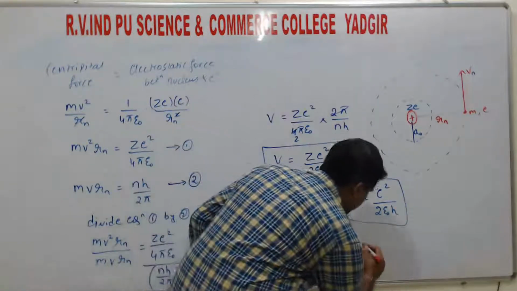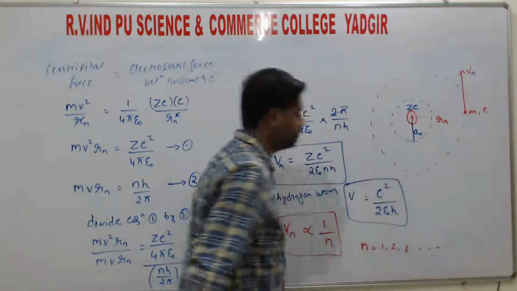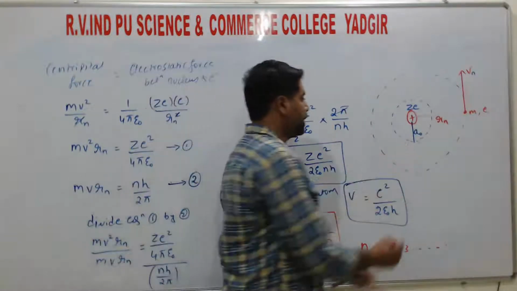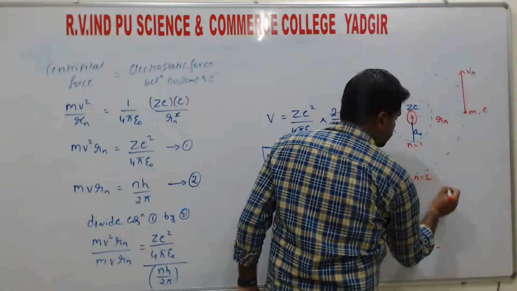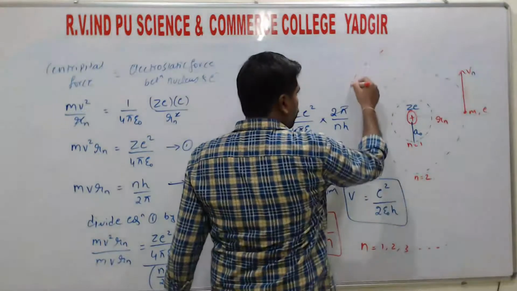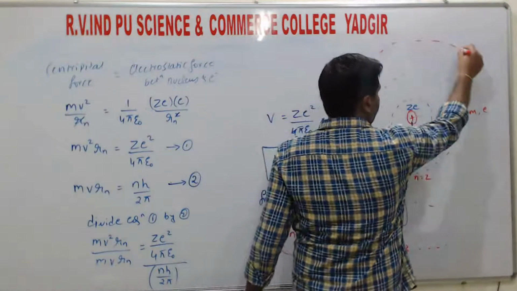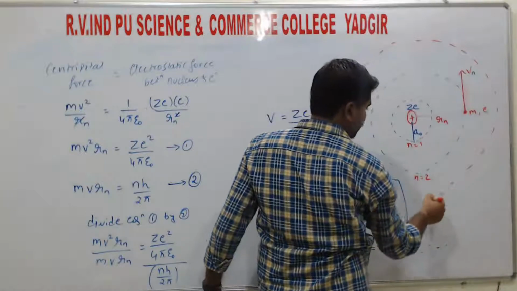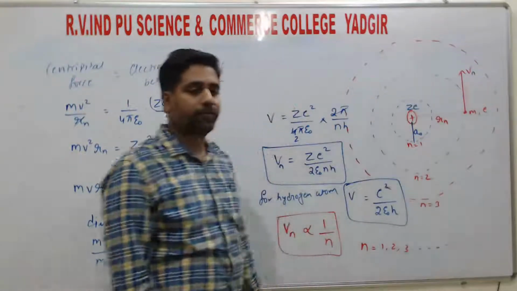That is, the value n varies from 1 to 3, like that, right? So if we write here the value of n equals 1, here we have n equals 2. If I draw one more orbit, this becomes n equals 3, right?